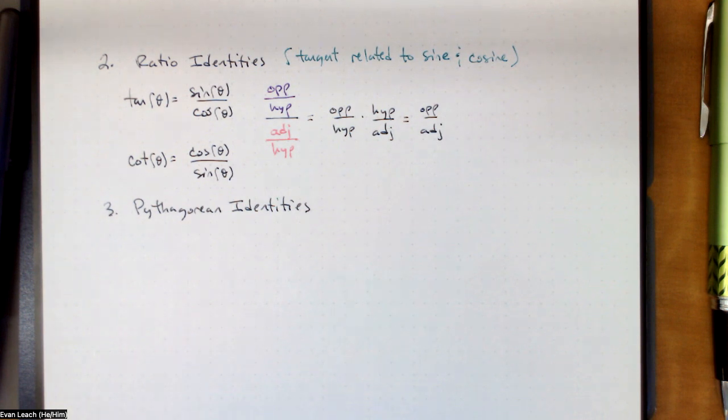Pythagorean identities are about building a relationship between sine and cosine.